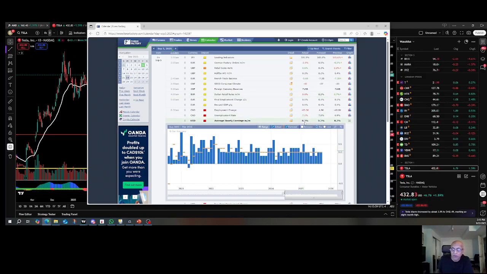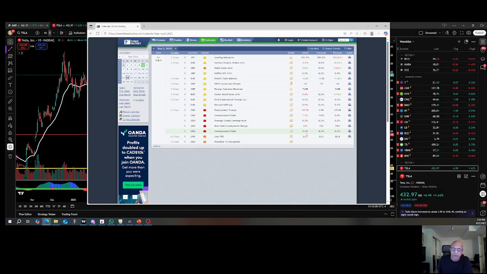So you want these numbers going lower, usually, for interest rate cuts. Okay, so that is basically how unemployment and wages affect the market.